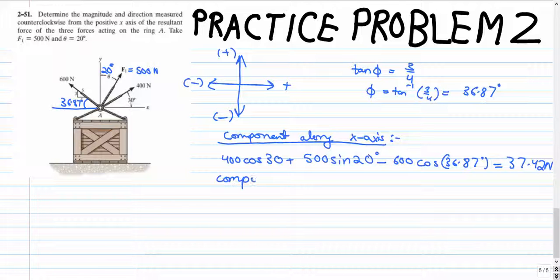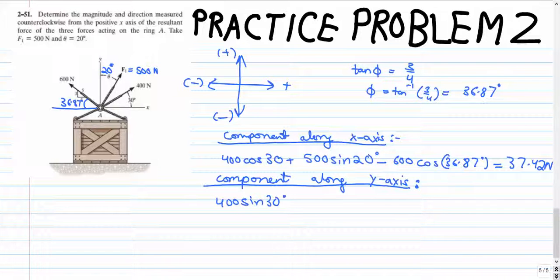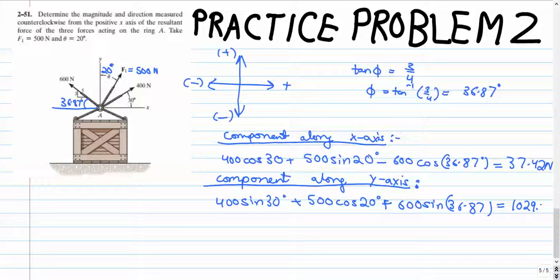For the components along the y-axis, we get 400 sine of 30 degrees plus 500 cos of 20 degrees plus 600 sine of 36.87 degrees, and we get 1029.847.